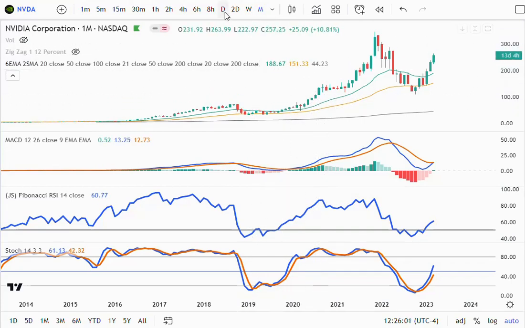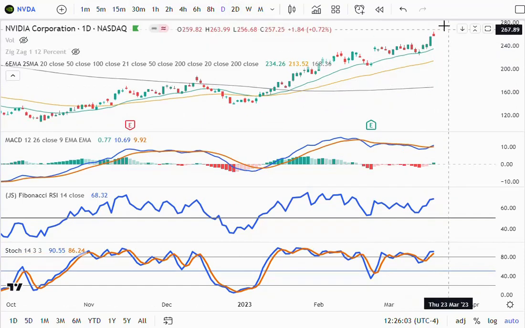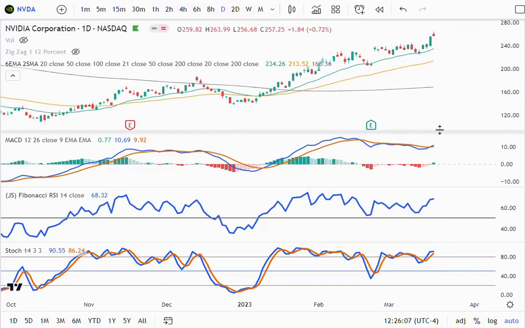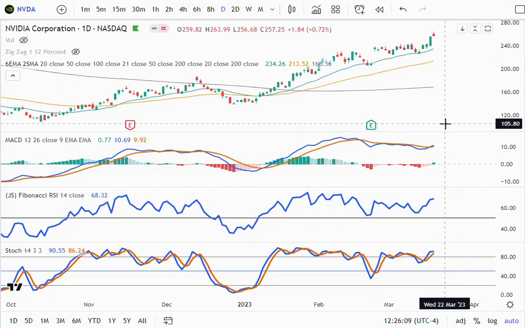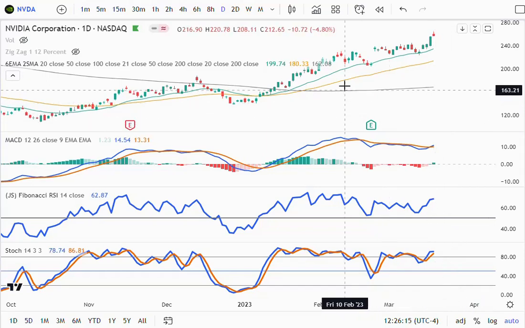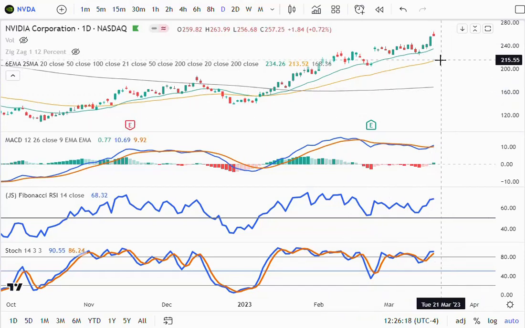Now, having said all of this, obviously you want to be long NVIDIA, but on a short-term basis, don't rule out any pullback. But I wouldn't expect the pullback to be significant, given the fact that on a higher time frame, the momentum indicators are very strong.